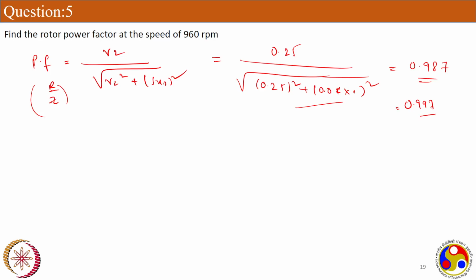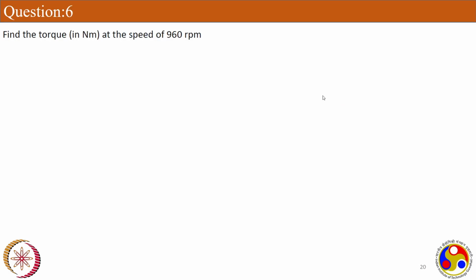Okay. Now let's look at the next question. Find the torque. Same thing again. Torque is equal to air gap power divided by 2 pi Ns, and 2 pi Ns will be 2 pi times 2f by p.